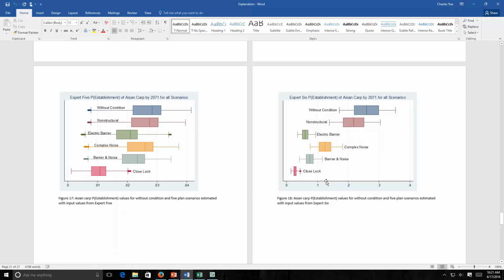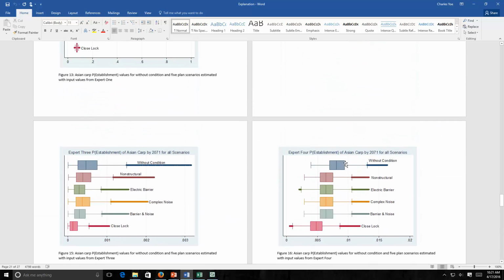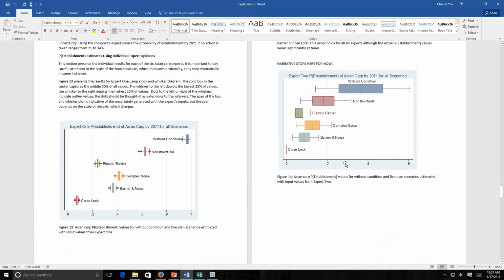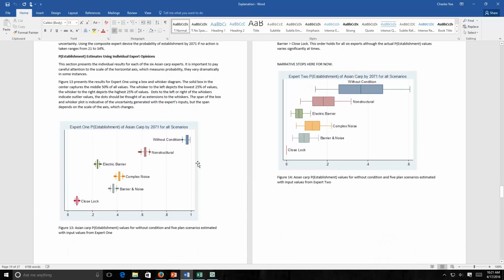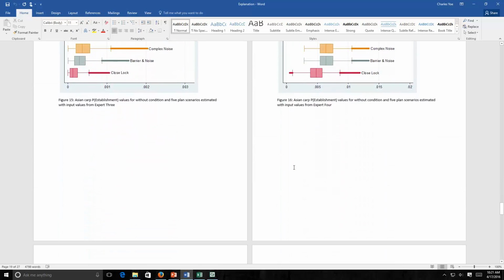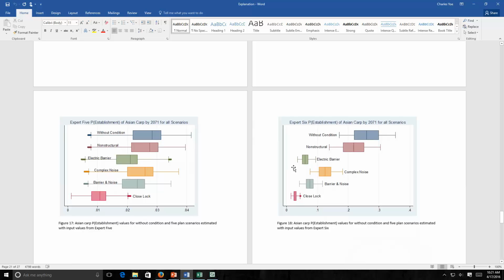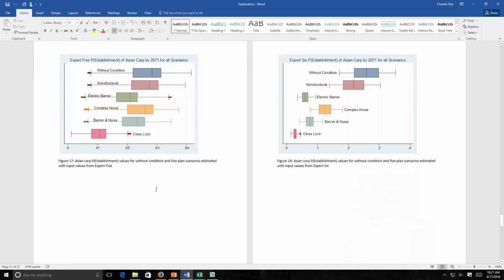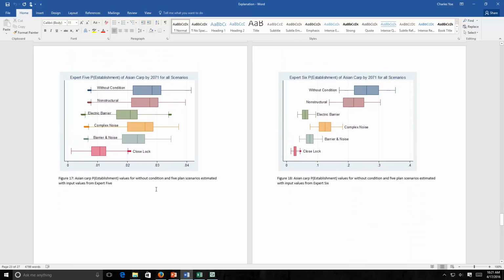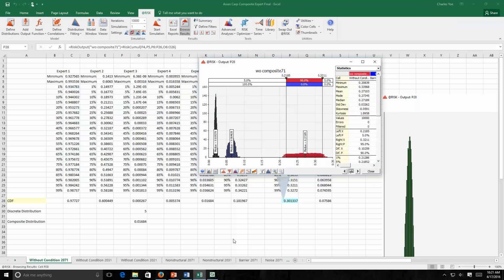Only some of the experts, expert 6, experts 1 and 2, seem to have the view that there will be some effectiveness. But then you have to counter that with the small numbers that the other experts were using. So conveying this information to decision makers is going to be a challenge.